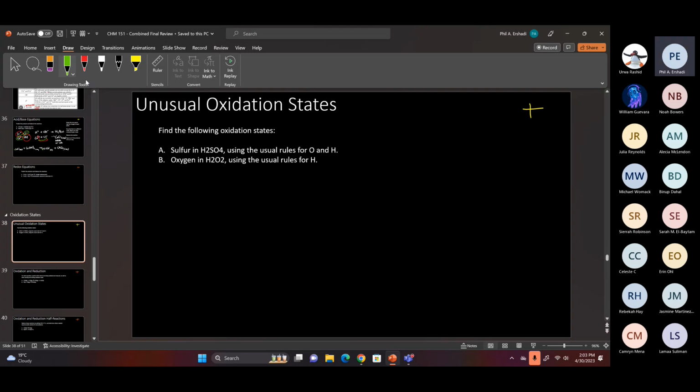So this first question asks us to find the oxidation state of sulfur in H2SO4. It also says using the usual rules for O and H. So you've got 2 H's, an S, and 4 oxygens.